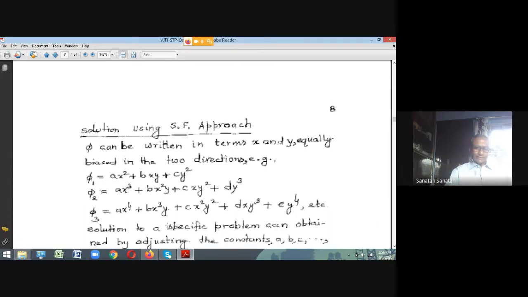And if you write sigma x equal to ∂²phi/∂y², in this case it becomes c. Sigma x is nothing but the constant c, everywhere. Similarly, ∂²phi/∂x² is nothing but 2a.